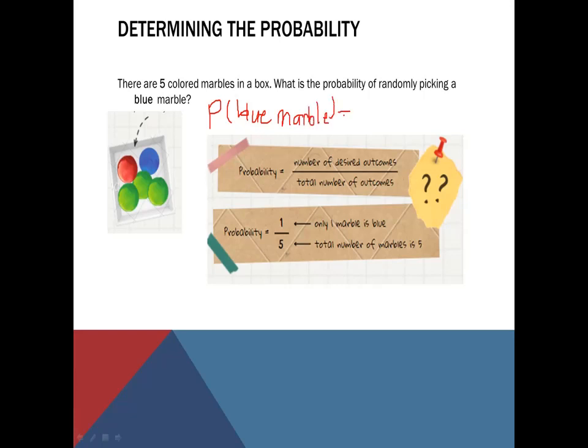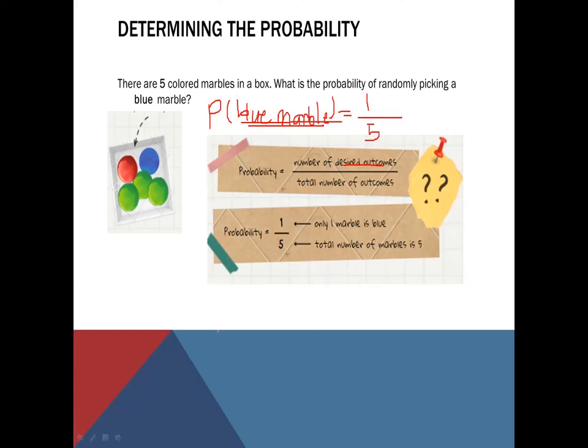What is our desired outcome? The blue marble. How many blue marbles are inside the box? Only one. Over the total number of outcomes, how many are there in the box? Five. So that is 1/5. The probability of getting a blue marble is 1/5.